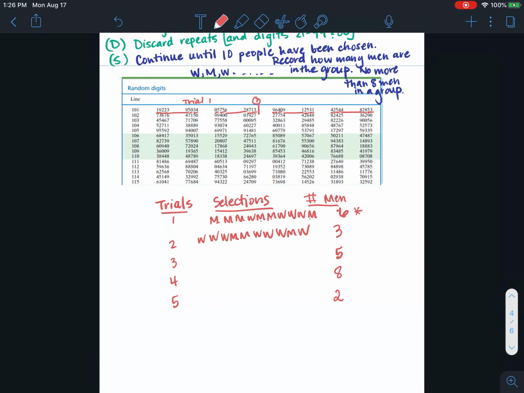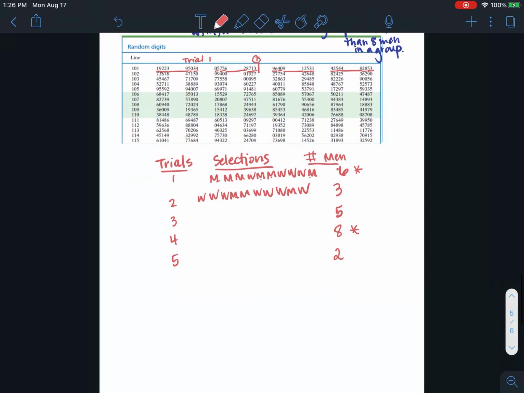Notice that happened 2 out of 5 times. So my estimate for the probability would be 2/5, which is 40%. So my estimate for the probability of 6 or more men would be 40%.